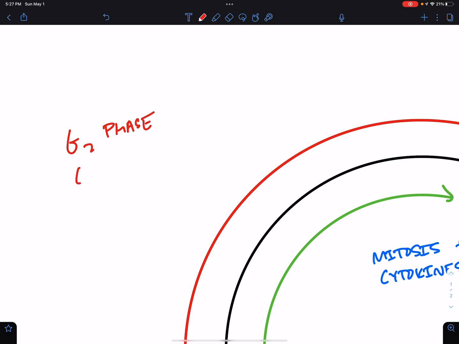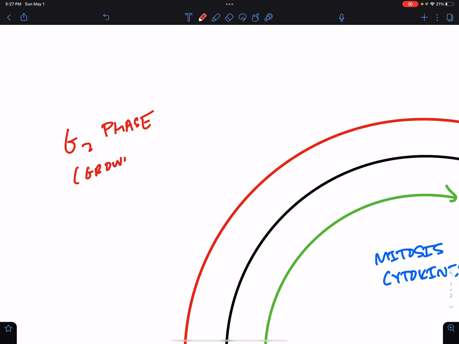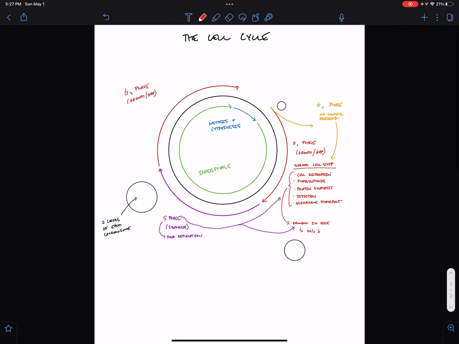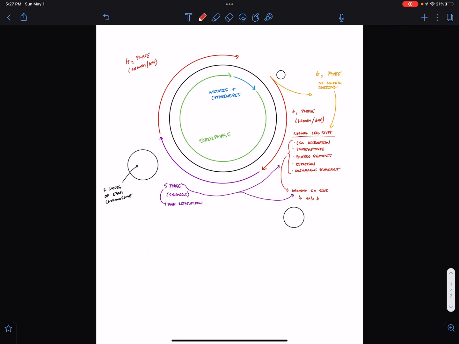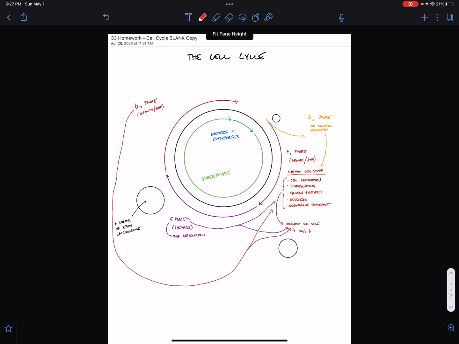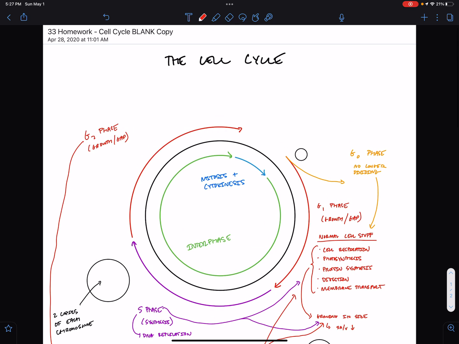And this is also growth or gap phase. And all the same things that are happening in the G1 phase are also happening in the G2 phase. So it's normal cell life stuff like this. And then it's also growing in size. And by the end of the G2 phase, the cell is as big as it's ever going to be.